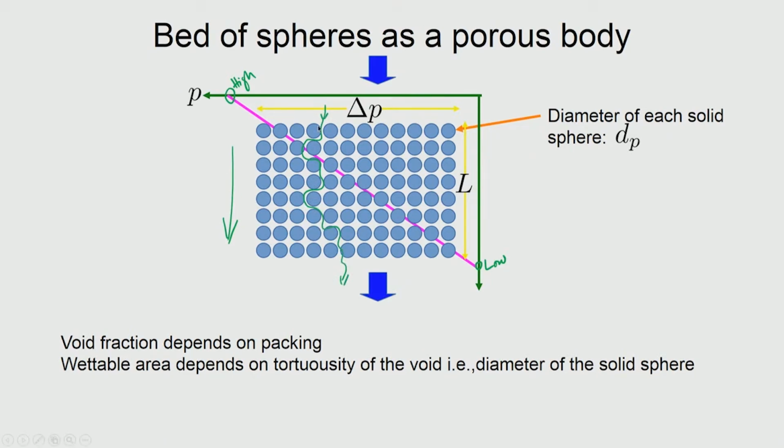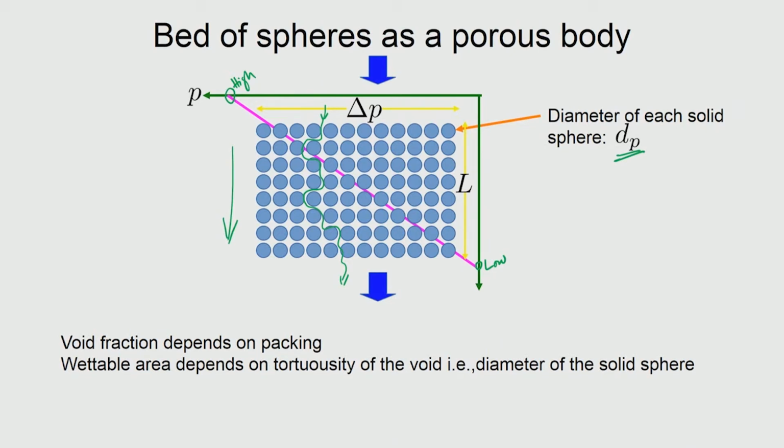Okay. And we want to model that particular path as a tube, and we are just going to use the same expression. The diameter of each solid sphere is dp, which makes us assume that the bed is made of monodisperse solids basically.